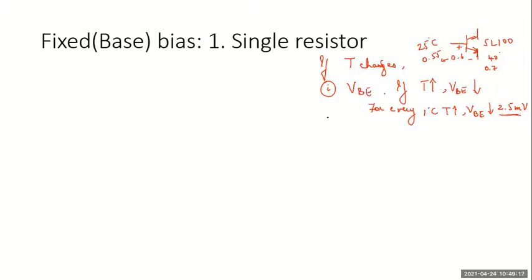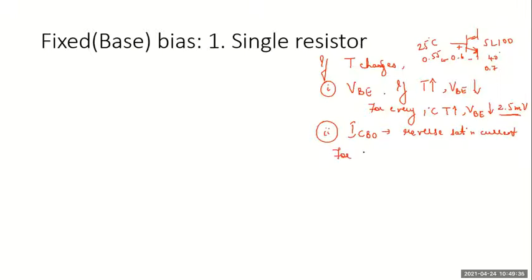That's one problem. The other element which changes with temperature is the reverse saturation current, ICBO. Remember, this ICBO is the reverse saturation current. How does this change?